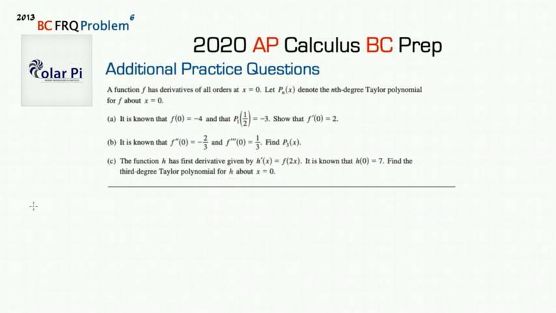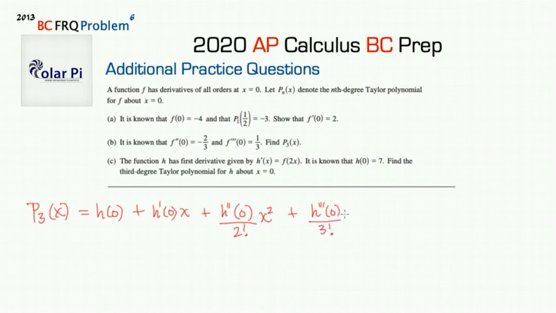So, okay, we just did the third degree Taylor, but for f, and so for h, it's going to look very similar, only it's going to read h of 0, plus h prime of 0 times x, and then plus h double prime of 0 over 2 factorial times x squared, and then plus h triple prime of 0 over 3 factorial times x cubed, right?